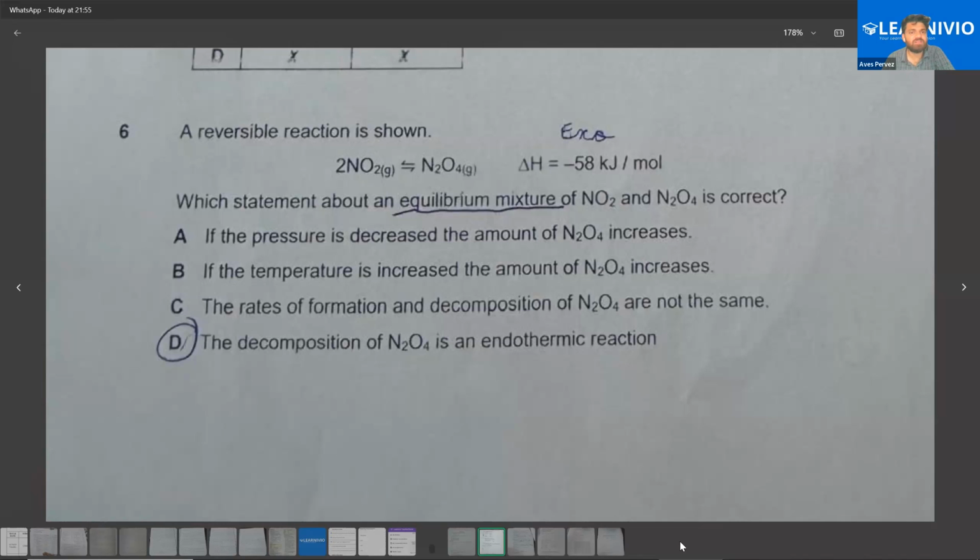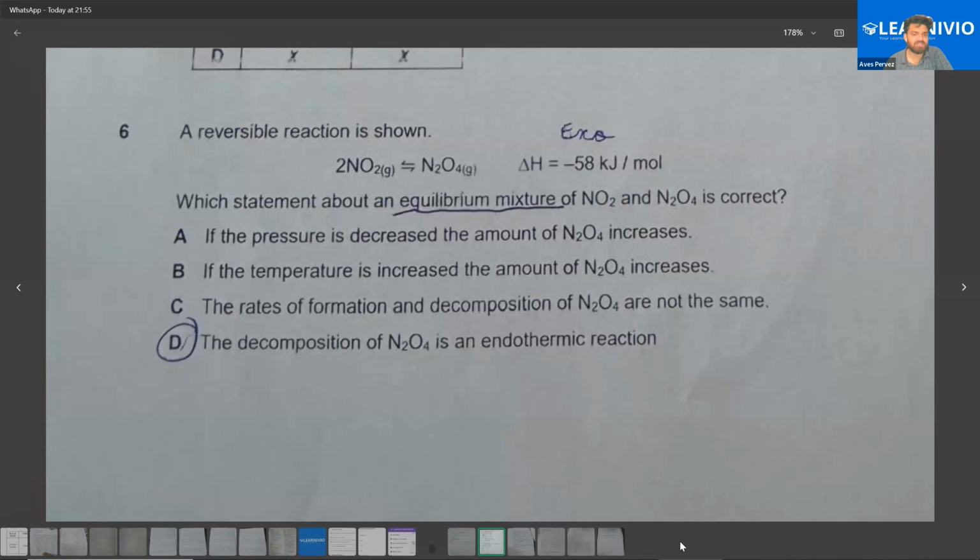Then which statement about equilibrium mixtures of NO2 and N2O4 is correct? Okay, it's D, it's all verified by the teacher. The forward reaction has a negative enthalpy change, so the forward reaction is exothermic and heat is being released out.